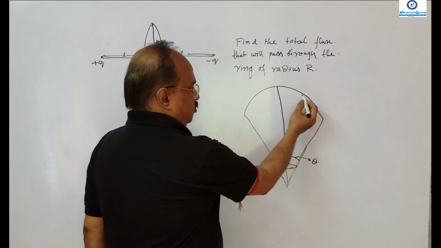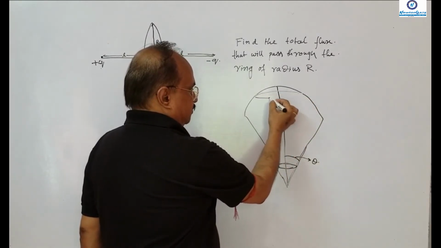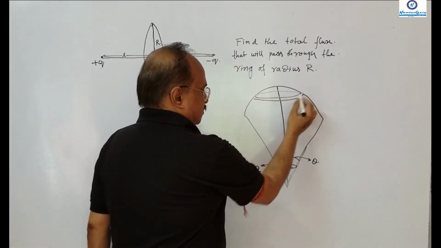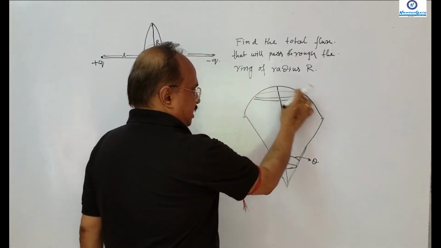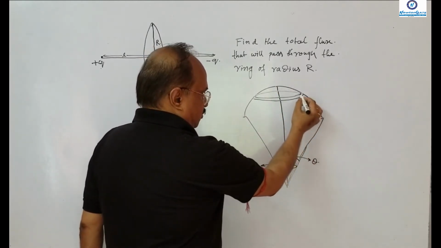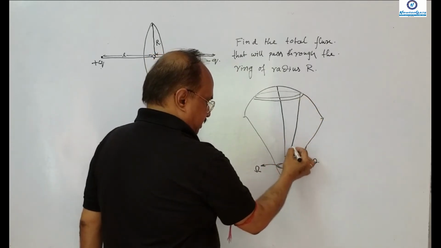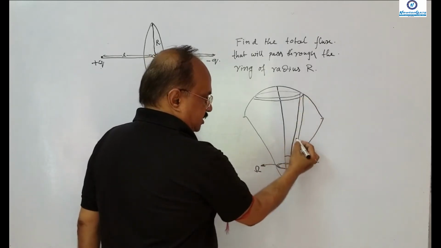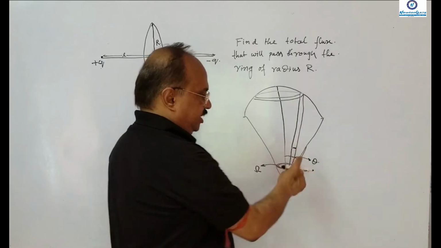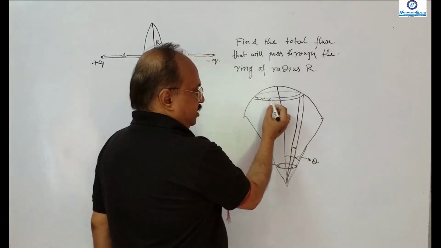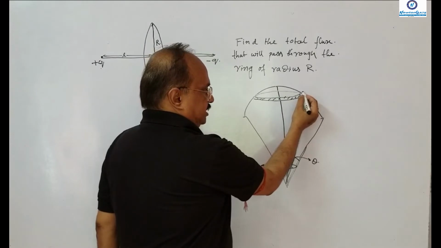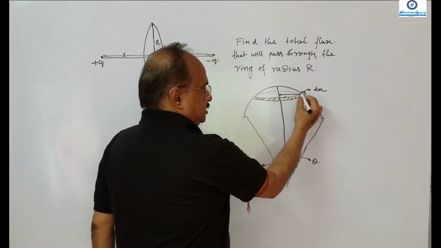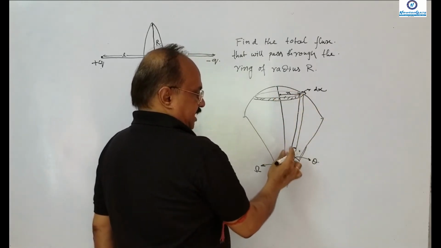For that, you take a thin ring on this curved surface, because from here to here this is our curved surface. The elementary ring that I have taken on this curved surface has thickness dx, and is at a distance x from this vertical line.